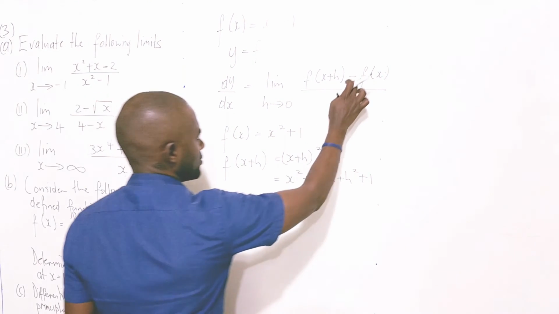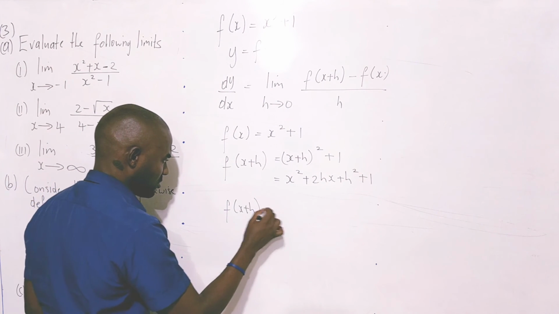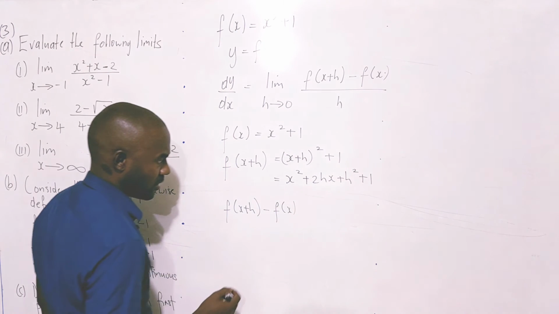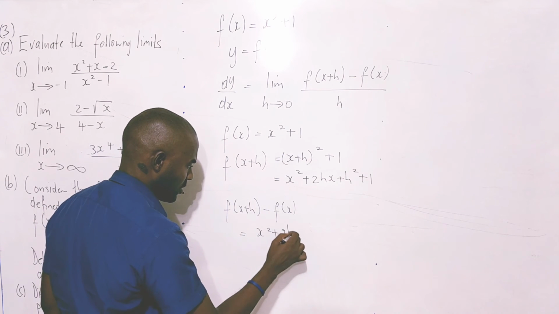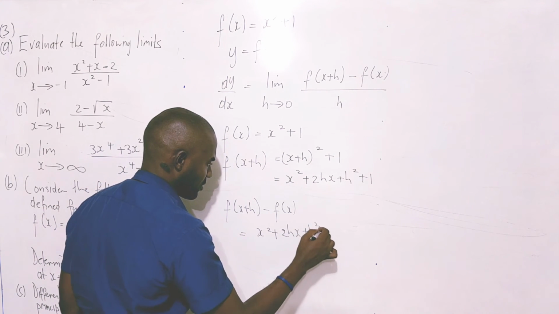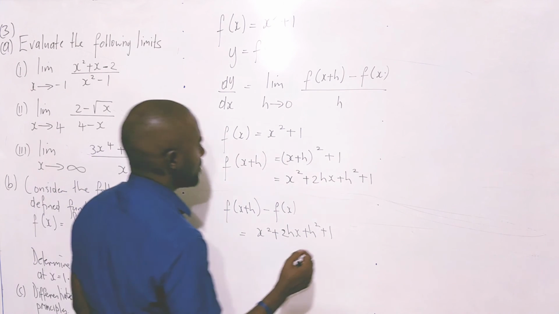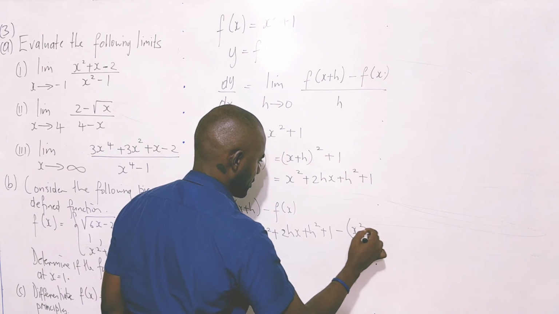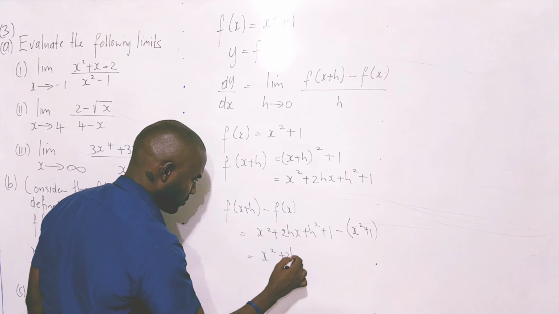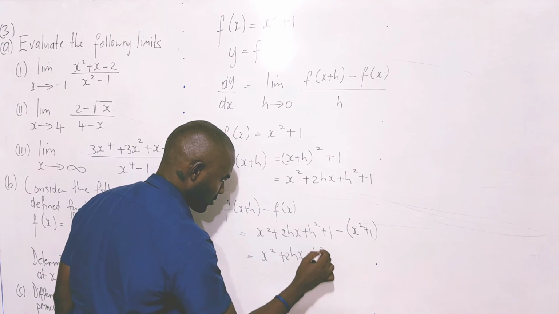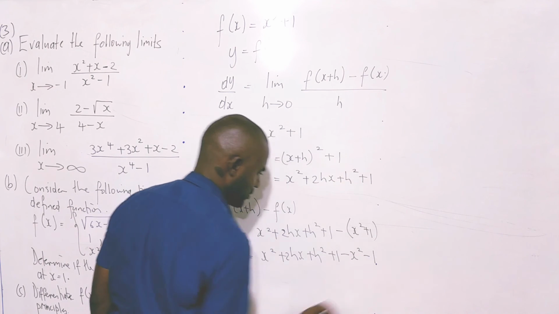So let's work out the numerator. We have f of x plus h minus f of x, and this would be equal to x squared plus 2hx plus h squared plus 1, minus x squared plus 1, which gives us x squared plus 2hx plus h squared plus 1 minus x squared minus 1.